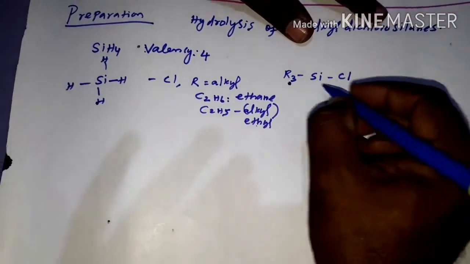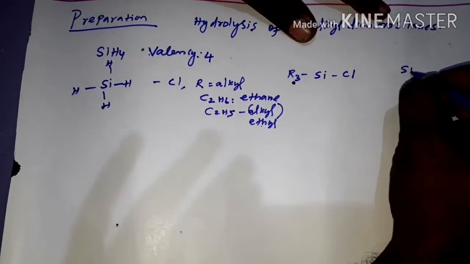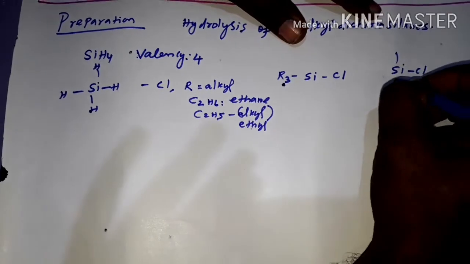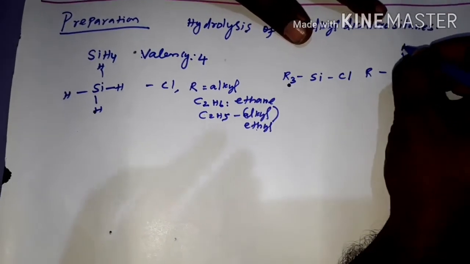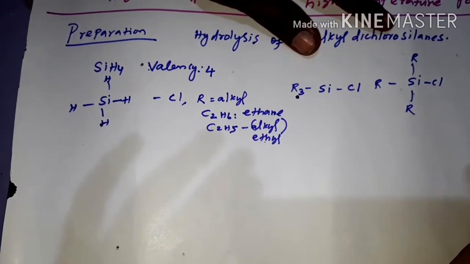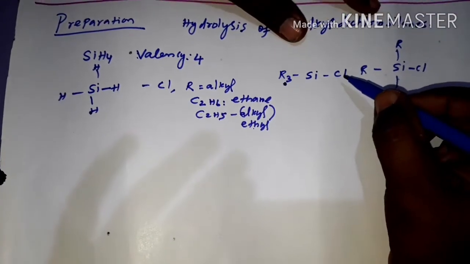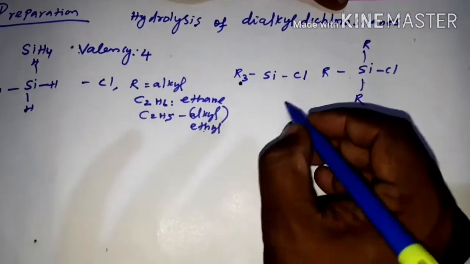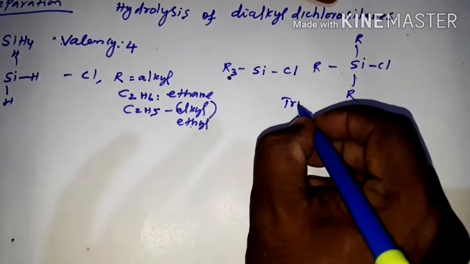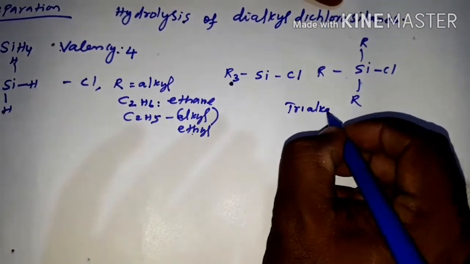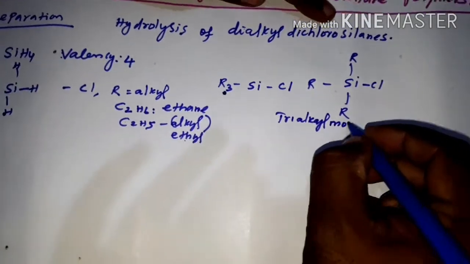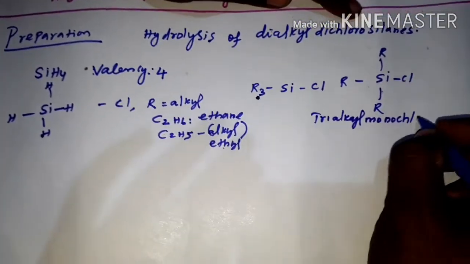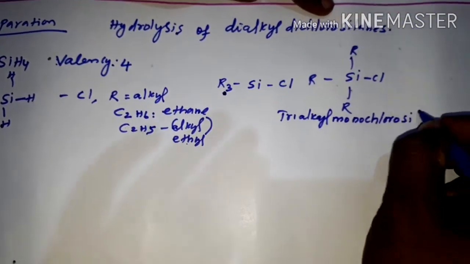That means the structure is Si, Cl, R, R, R. Hope you understood the structure. This is called trialkyl monochlorosilane.